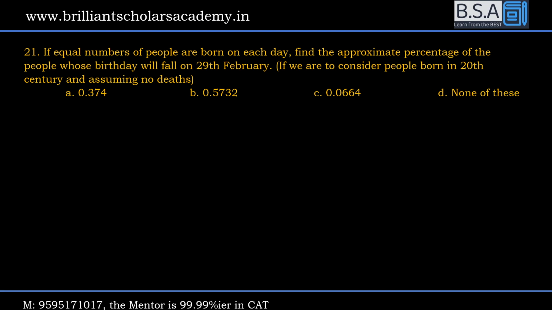This question could be treated as probability also. A person is randomly selected and so on. What is the probability the person was born on 29th February? The answer will not change. 1 by the whole century. We are talking about the entire century. Think what is happening here.